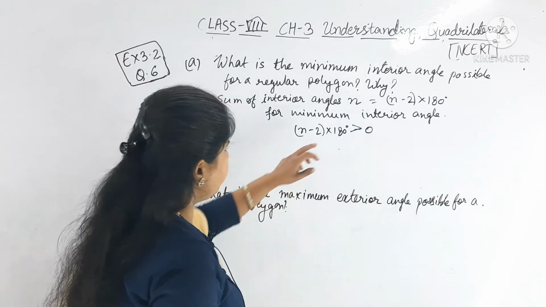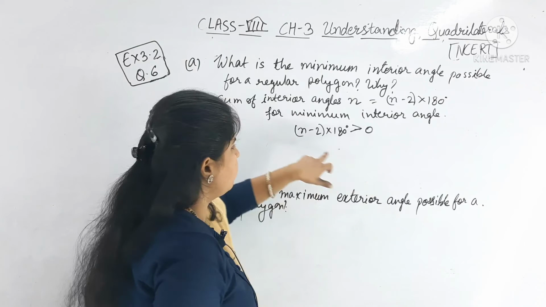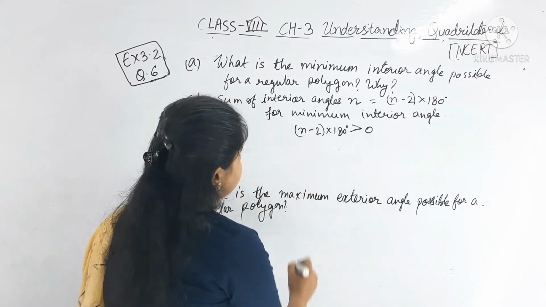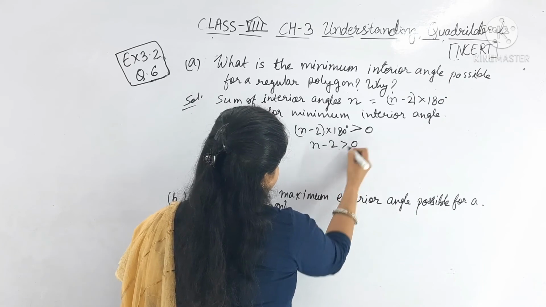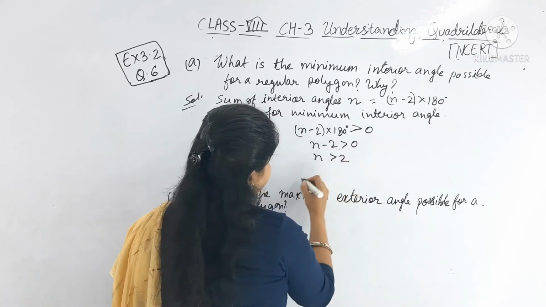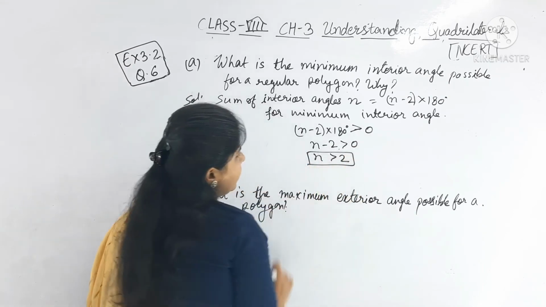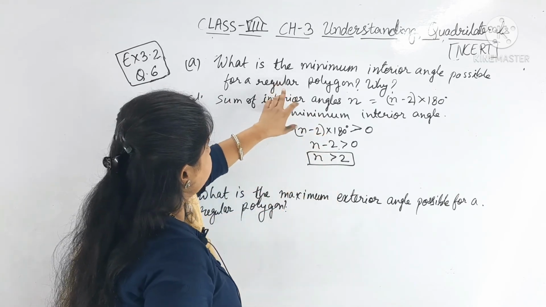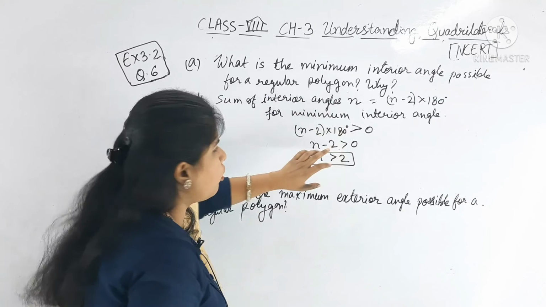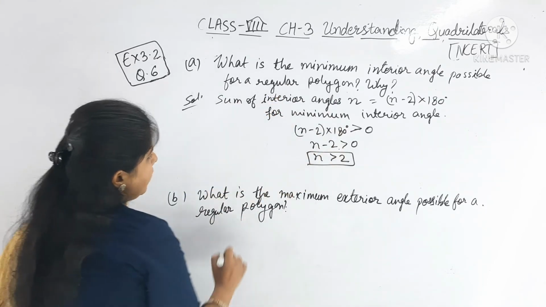So 180 degrees will be here, so n minus 2 is greater than 0, that is n is greater than 2. So n should be greater than 2 for the regular polygon.